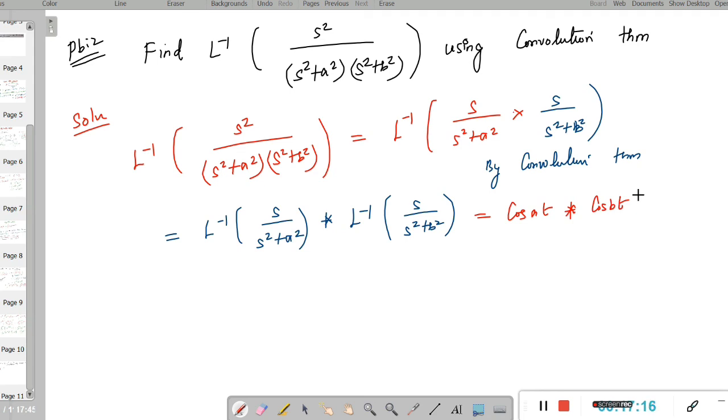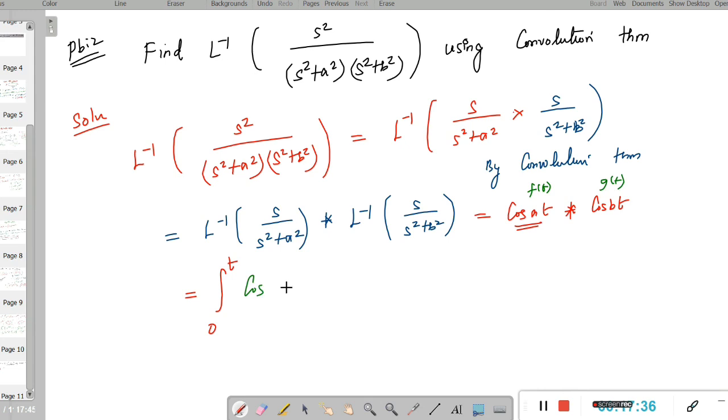Now I am going to apply the definition of a convolution. So integral over 0 to t, f of t, g of t. So instead of f of t, you have to write f of u.